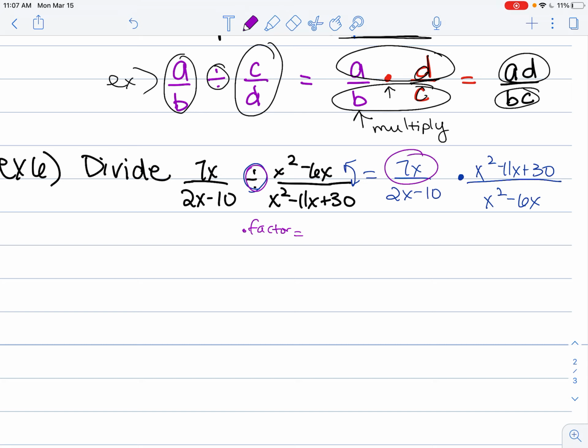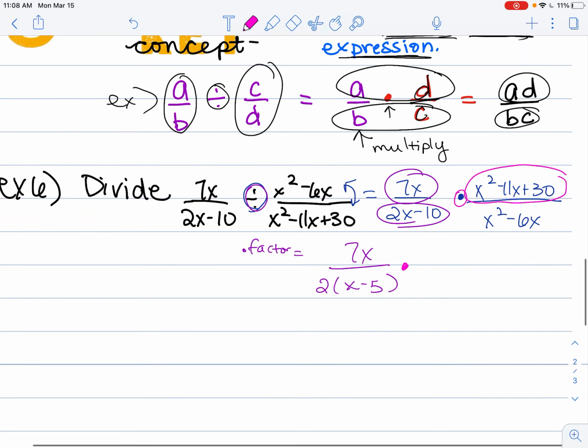So we changed the division problem into a multiplication problem, and now we're going to factor. So we know 7x can't really factor, it's just 7x. 2x minus 10, I could factor out a 2, and we're going to get x minus 5. Okay? Let's do the next one. So here's our multiplication. Now we're going to factor x squared minus 11x plus 30.